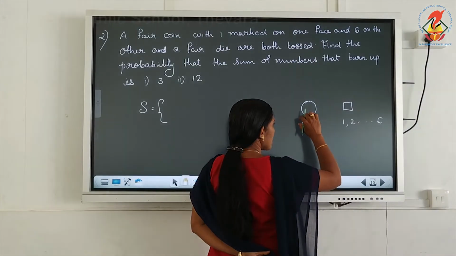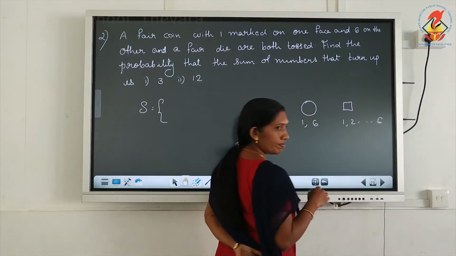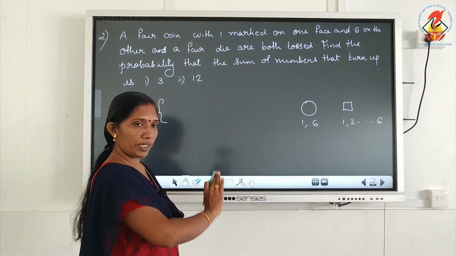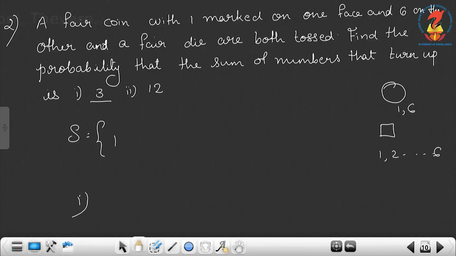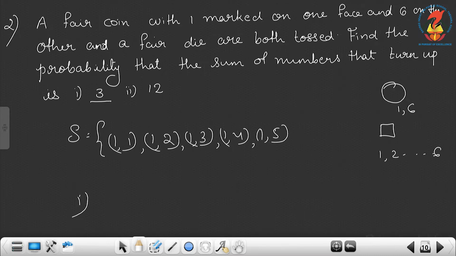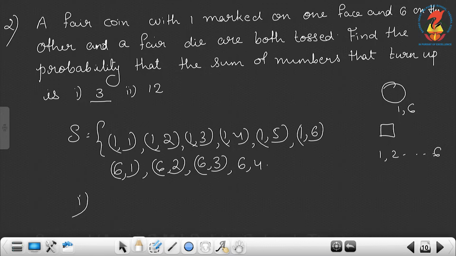I can get 1 on the coin with 1 on the die, 1 on the coin with 2 on the die, then 1 3, 1 4, 1 5 and 1 6. The other side of the coin is 6, not 2. So 6 on the coin, 1 on the die, 6 2, 6 3, 6 4, 6 5, 6 6.